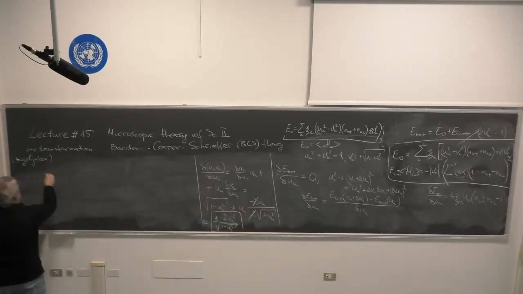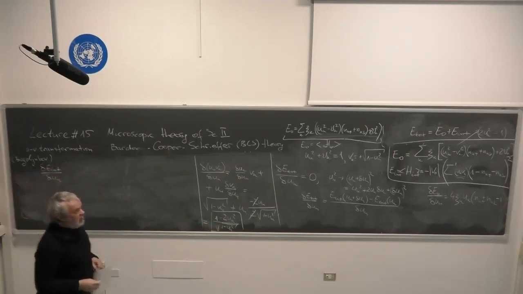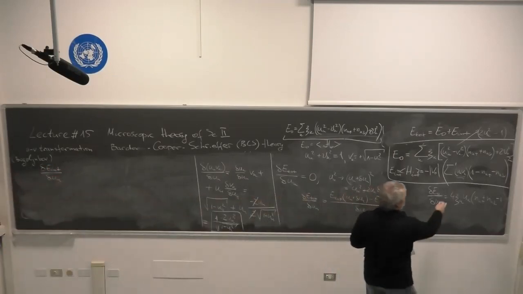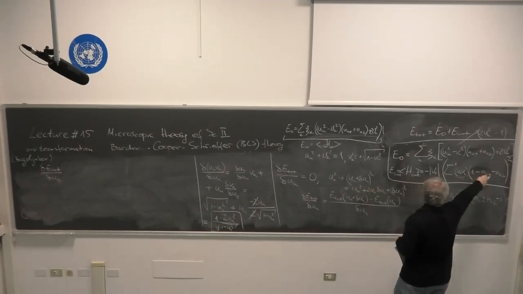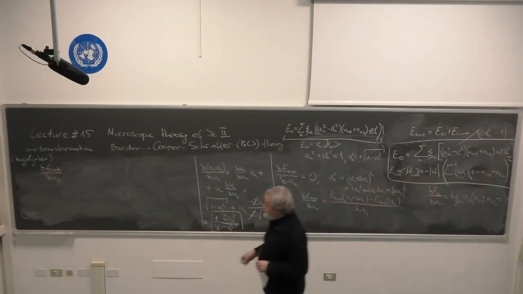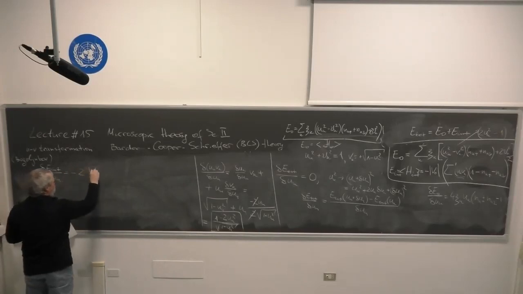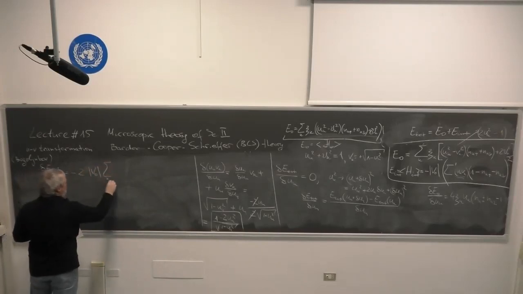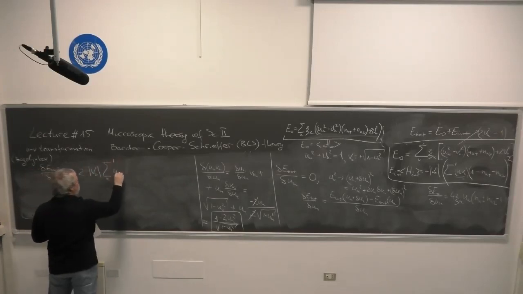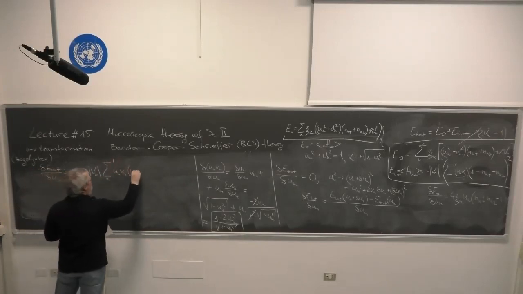Okay. δE interacting with respect to δu_k. So first of all, I am differentiating some power laws. First of all, I need to take the derivative associated with a square. So this is then minus V₀ times 2 times the modulus of V₀, sum over k prime of u_k v_k, times 1 minus n_k up minus n_k down.